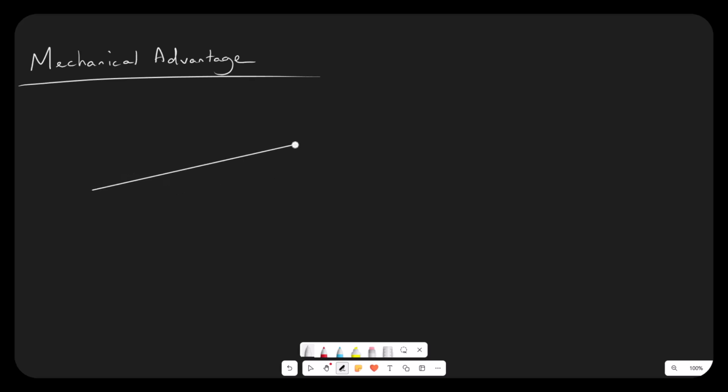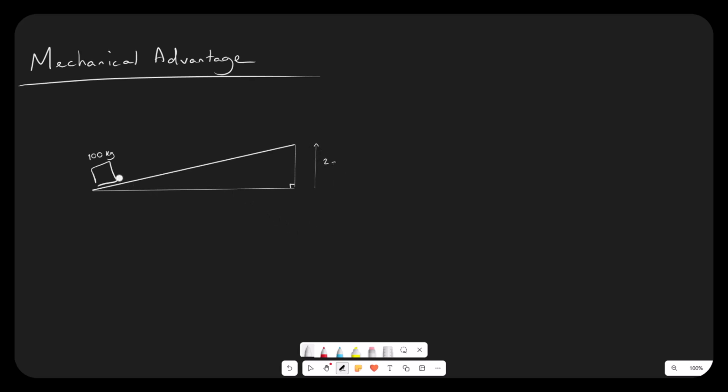We get this anytime that we move. A simple version is when we move an object up a ramp. If I have a block with a mass of 100 kilograms, it might be a difficult thing to just straight up lift that some height of maybe 2 meters.